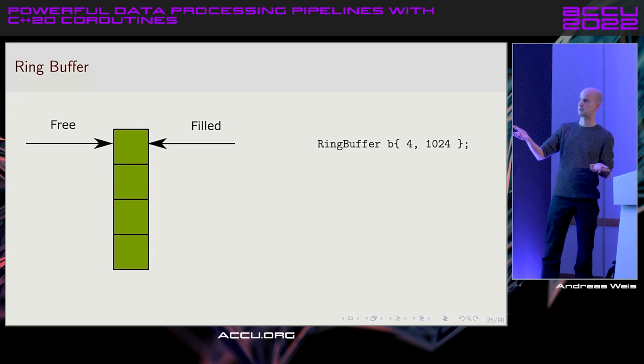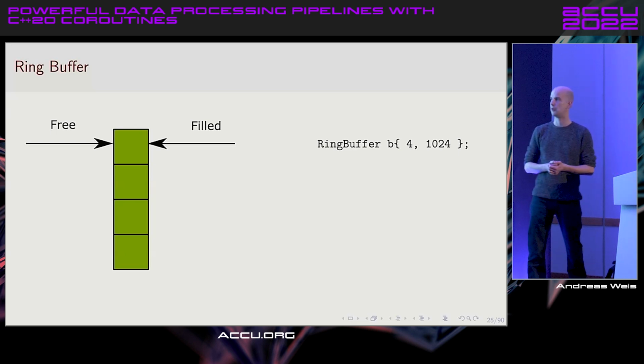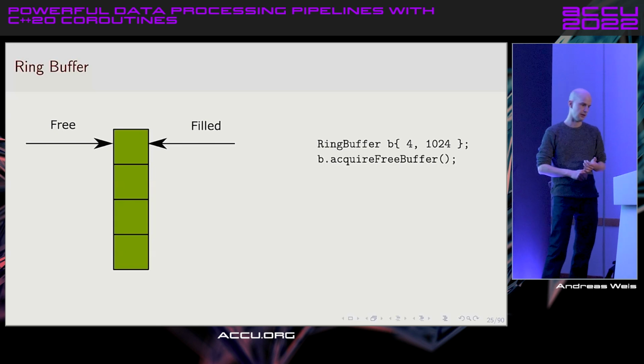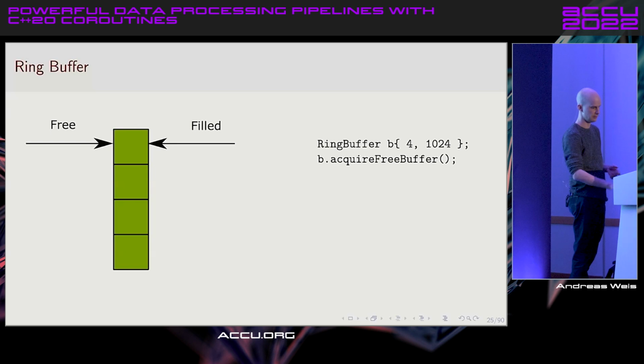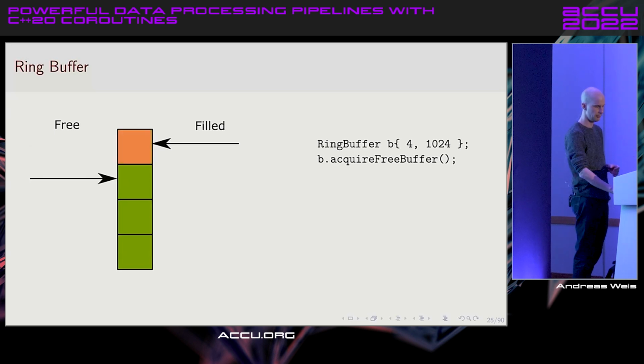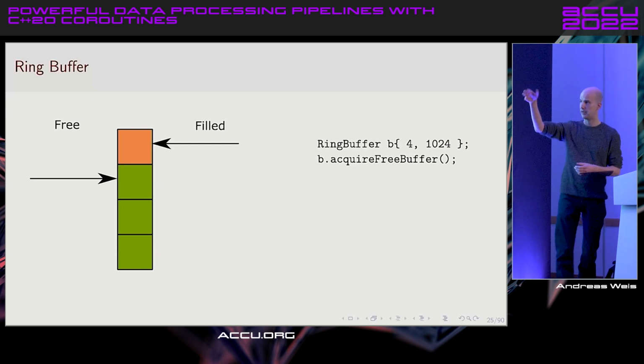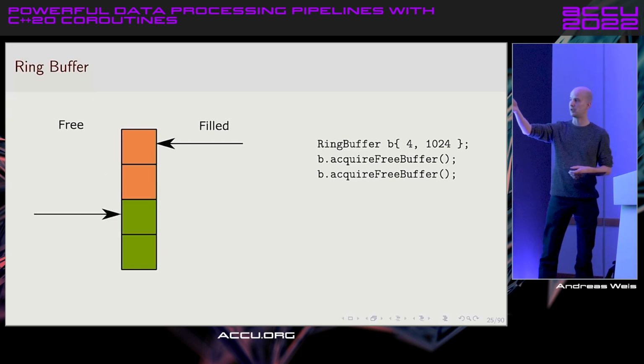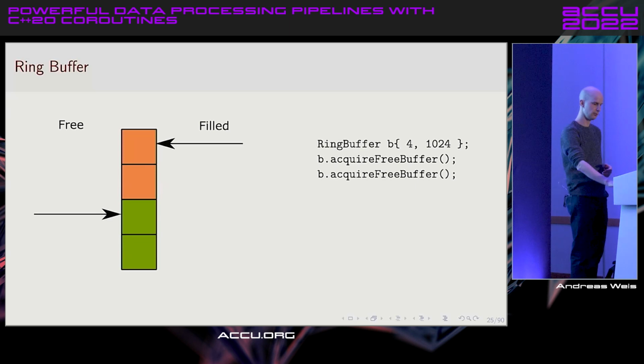So this looks something like this: I'm going to initialize a ring buffer. I say I want 4 buffers, and each buffer should be 1 kilobyte in size. And then it will get a data structure like this, and then a producer might ask to acquire a free buffer, which will then hand out the first buffer. It will get freed by the producer, returned to the queue.